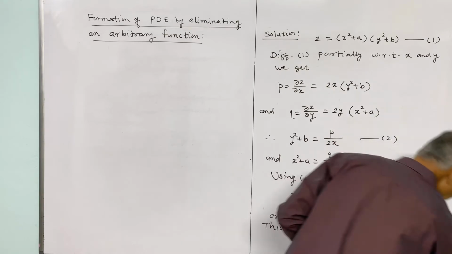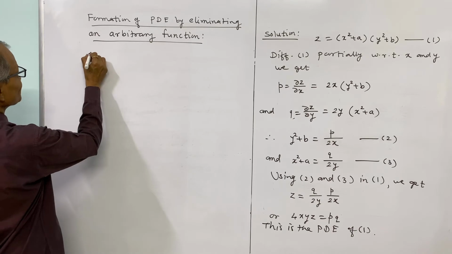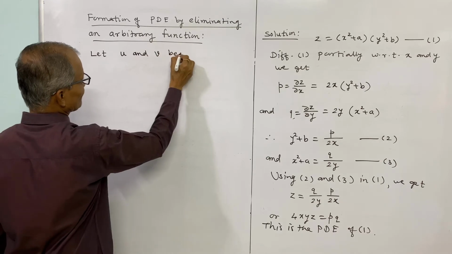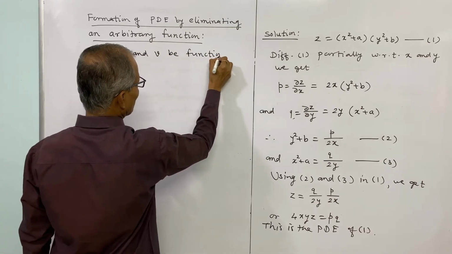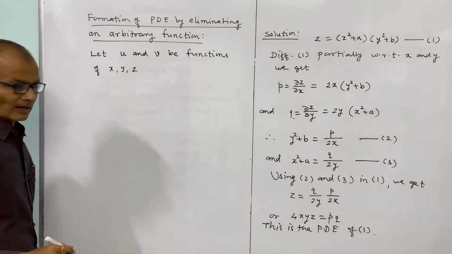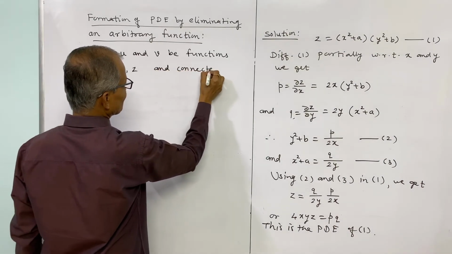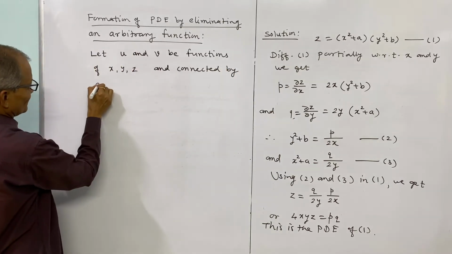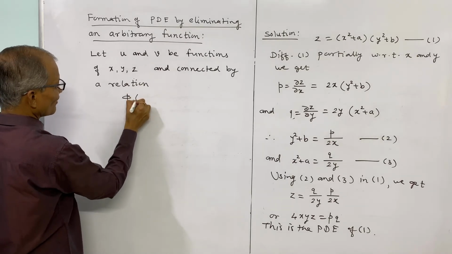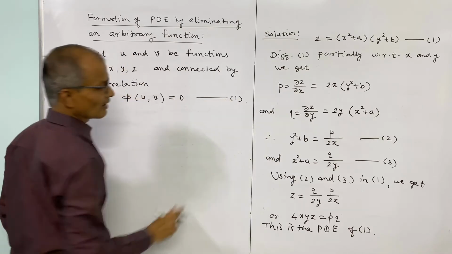So for this purpose, we shall consider let u and v be functions of variables x, y, z and connected by a relation, that is another function, phi of u comma v is equal to 0, and we suppose this as 1.